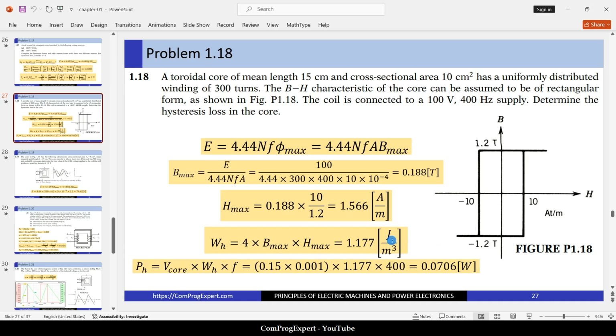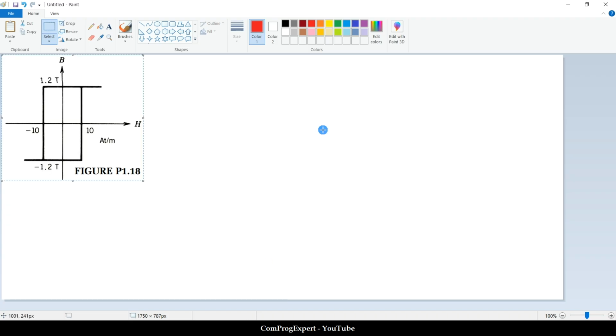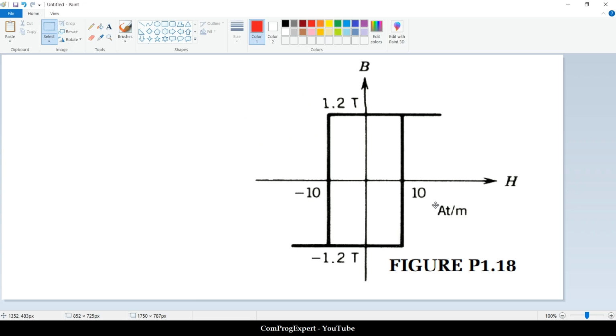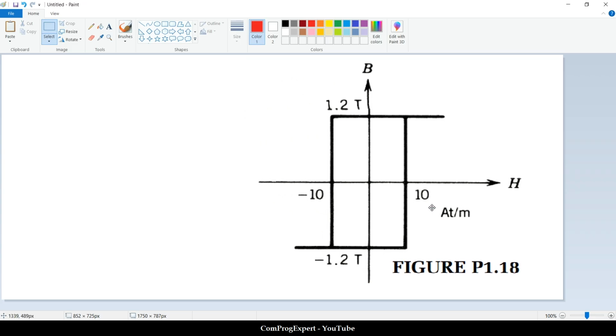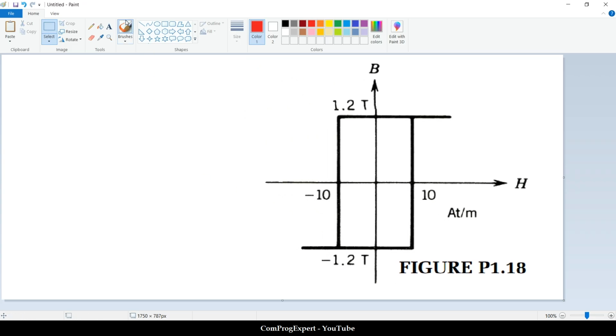So we had this typo error, and also one guy asked me about the hysteresis loop that we draw inside this. Let me explain this again. Here we have this hysteresis loop that is given in the problem.